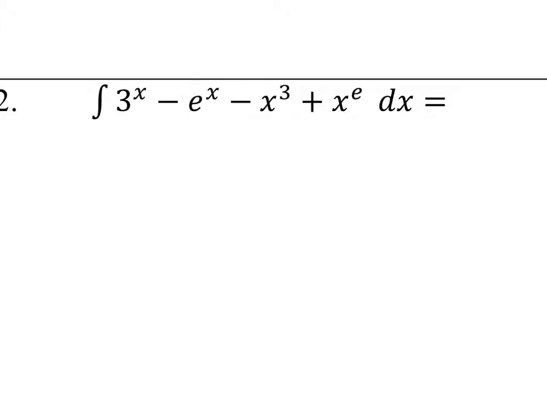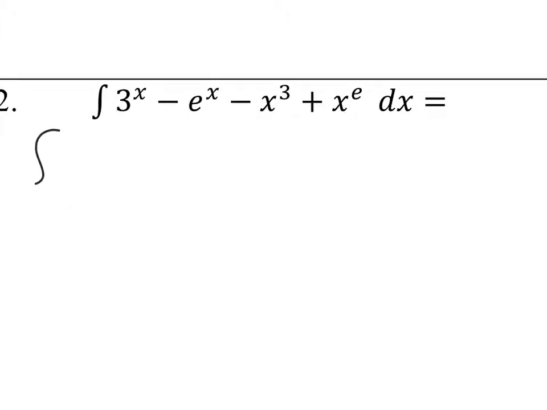So, number 2, a little bit of a different story. Here you actually have to know some rules, not just the reverse of the power rule. It's not just algebraic. We have 4 distinct components. You could, and I talked about this yesterday, I'll do it one more time and then this is the last time I'll do it. I'll write it as the 4 separate integrals.